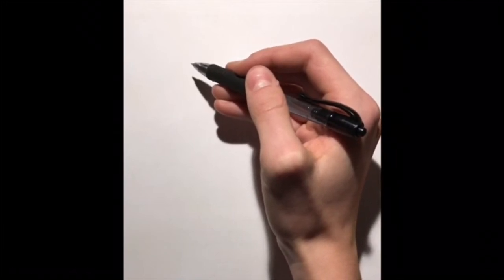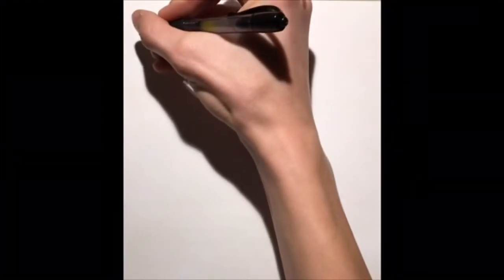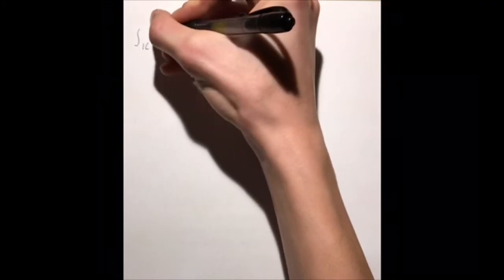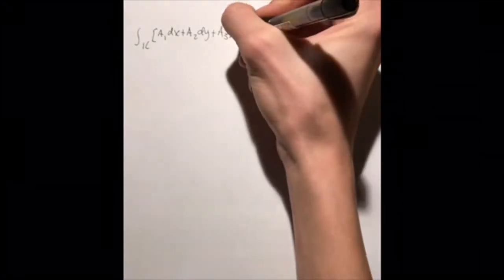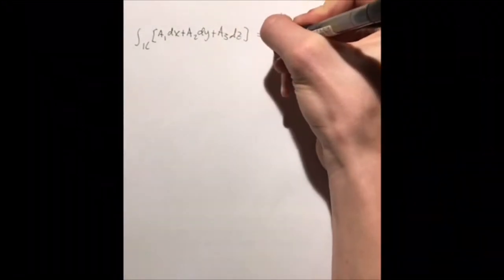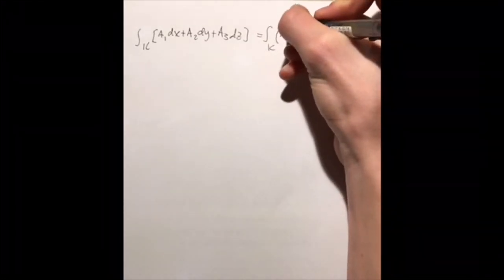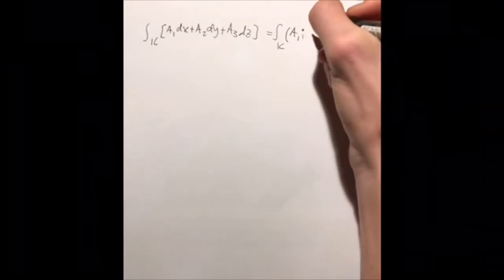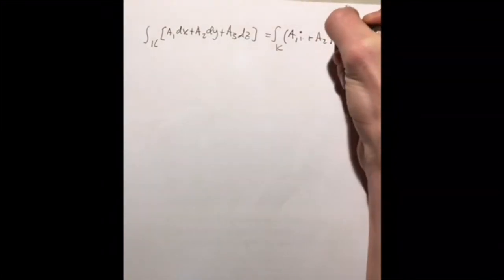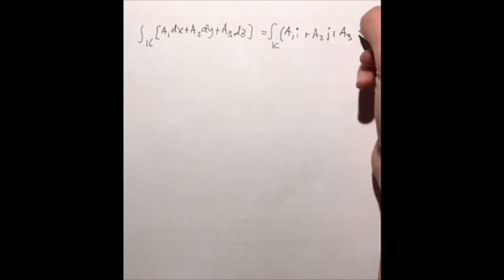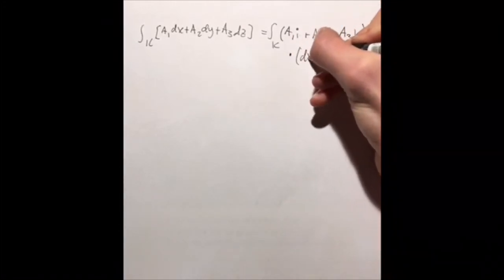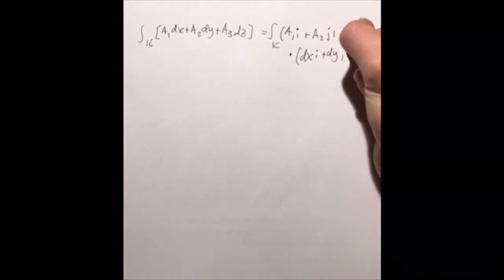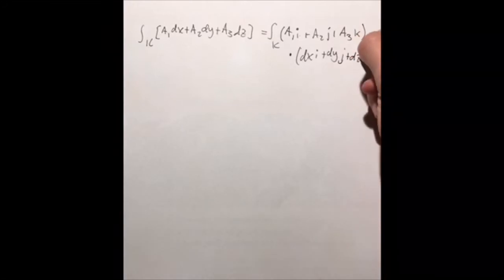For example, we can express the line integral over K of capital A1 dx plus capital A2 dy plus capital A3 dz as the integral over K of A1 in the i direction plus capital A2 in the j direction plus capital A3 in the k direction, dotted with dx in the i direction plus dy in the j direction plus dz in the k direction.